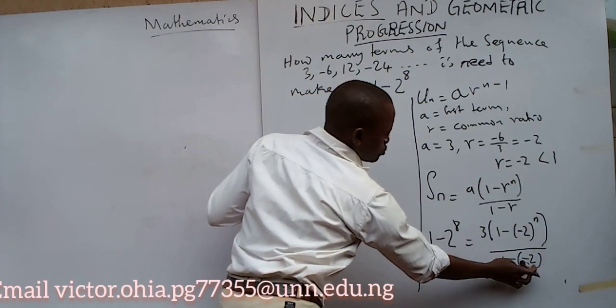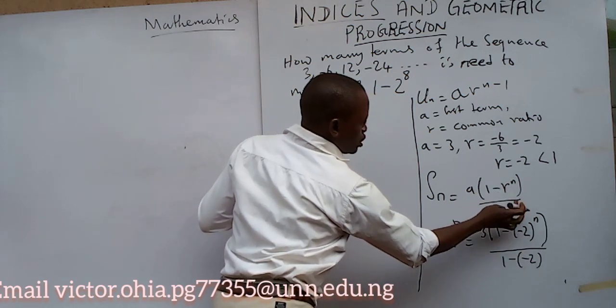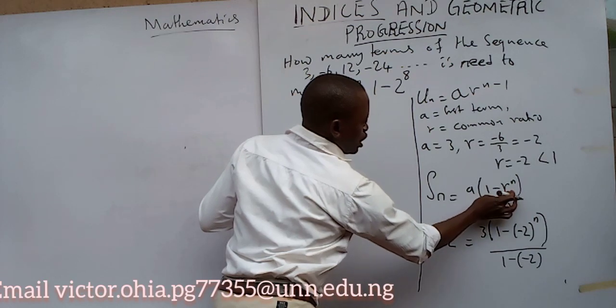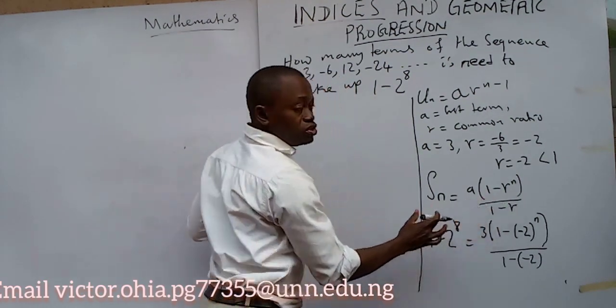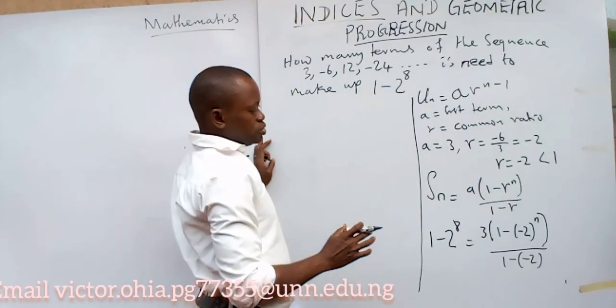You put it here, minus 2, and you also put it here, minus 2 raised to the power n. You can see 1 minus r raised to power n. So this formula is something you just need to memorize.